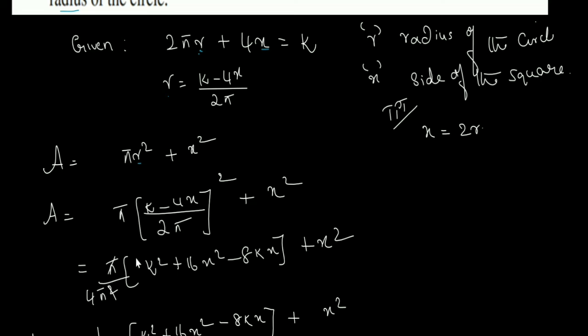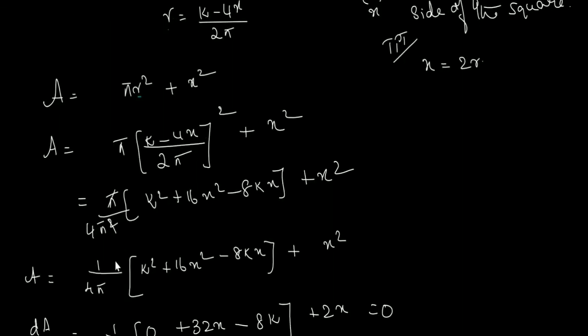The pi square over 4 pi square, one pi gets cancelled. Expanded, it is k square plus 16x square minus 8kx plus x square. So that is equal to 1 by 4 pi times k square plus 16x square minus 8kx, plus x square.